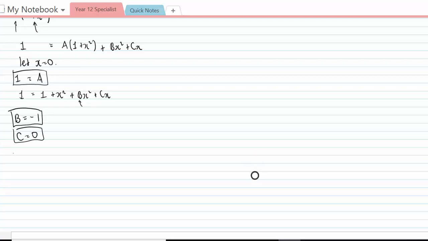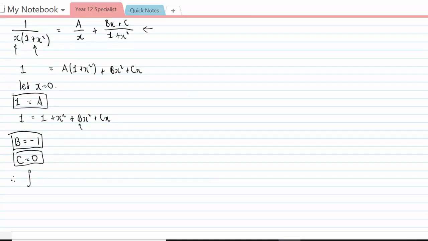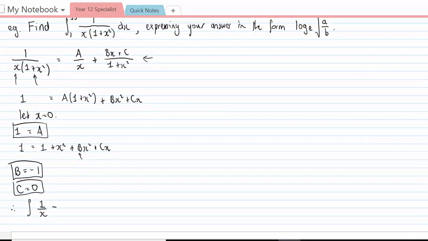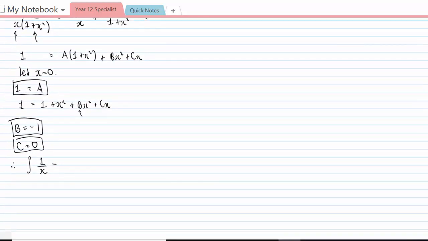And so therefore, we're actually doing the integral of, now it was a on x, so 1 on x, minus, and I'll put the minus there because it's plus bx plus c, so minus x plus 0 over 1 plus x squared dx.